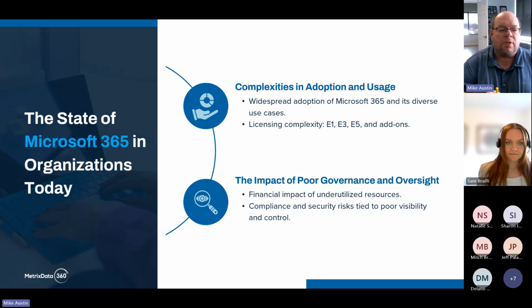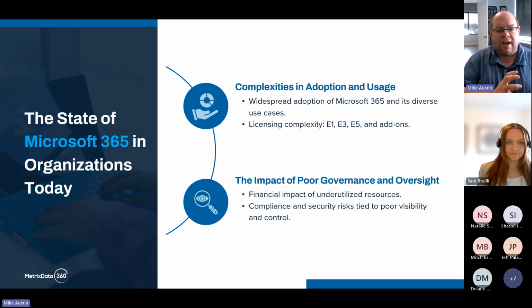They had a large number of frontline workers that could run F3s, but they didn't have the data to actually figure out, could we actually give those people that should qualify for F3s? What are they doing? What are they using? Are they using Office? Are they sending emails in Outlook? How big are their inboxes?